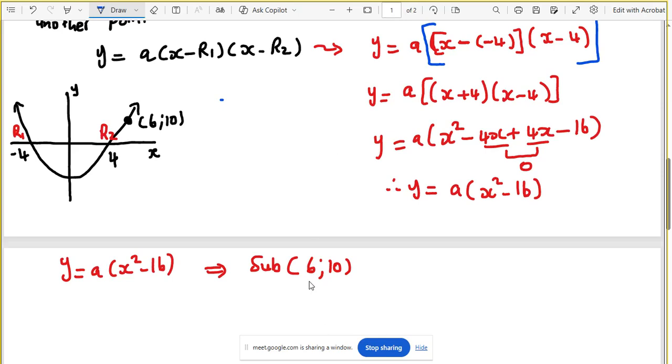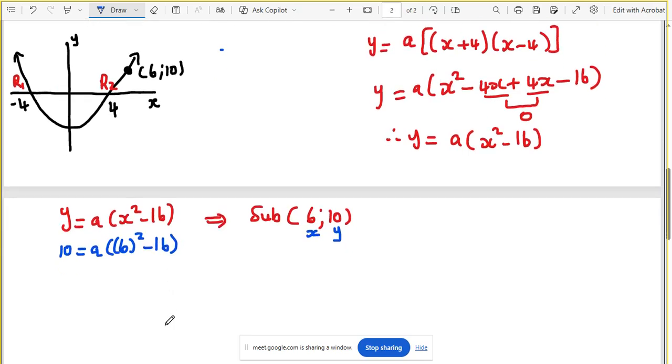This is your x, and this is your y, meaning on this equation, where there's y, you put 10, and where there's x, you put 6, and this 6 is squared minus 16. 6 squared, that's 36. So this will be a into 36 minus 16, which is 20, and this is equated to 10.